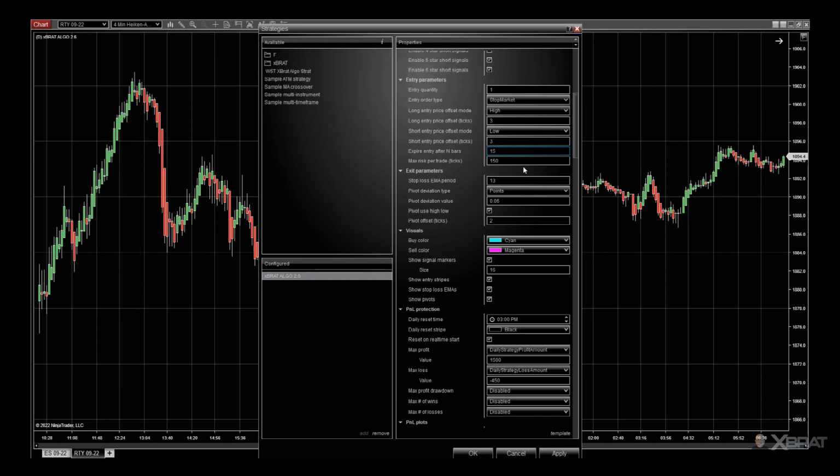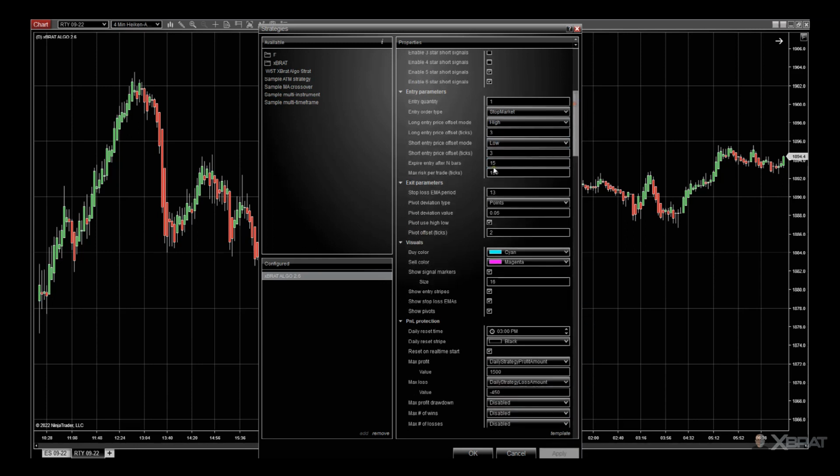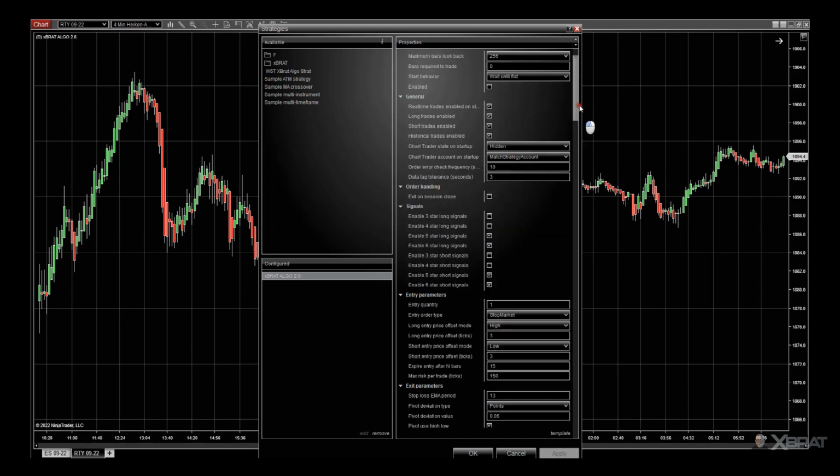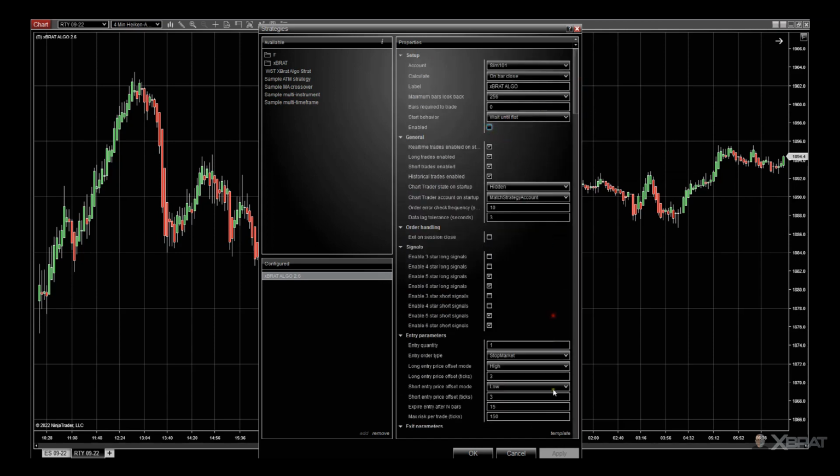In fact, yeah, let's put 15. This may make a difference, because some of these are being taken much further on in the session, because the orders came in between those grey periods. But when expiry entry after M bars is 0, that means it can take it any time later on, which is not good. You need to restrict that entry. So let's have a look at that now.